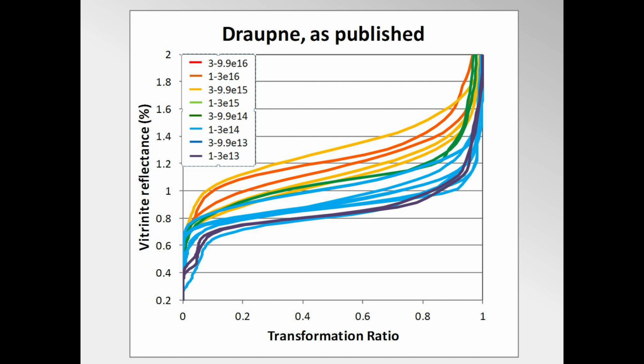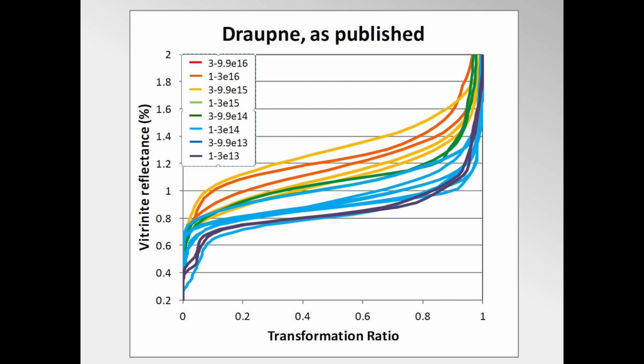We also notice something quite interesting, which is that the samples with the highest A factors, and also therefore the highest activation energies, generate at the highest vitrinite reflectance values. That is, they generate latest, whereas the kinetics with the lowest A factors and lowest activation energies generate fastest and earliest at geologic conditions.